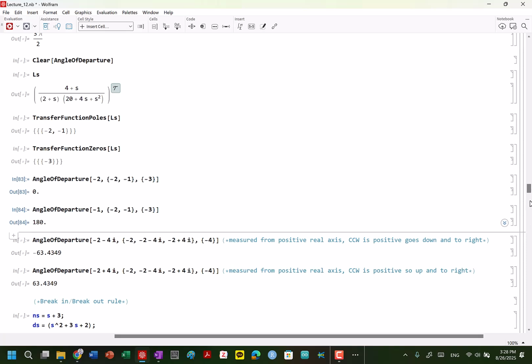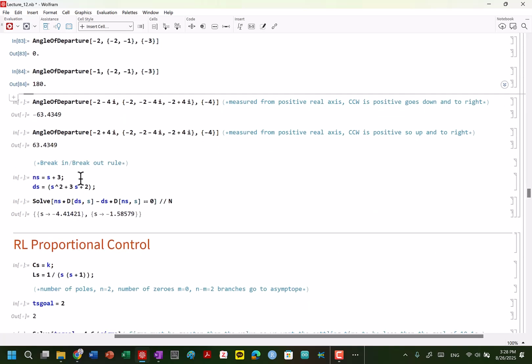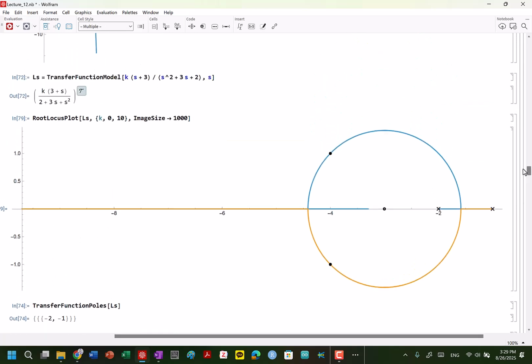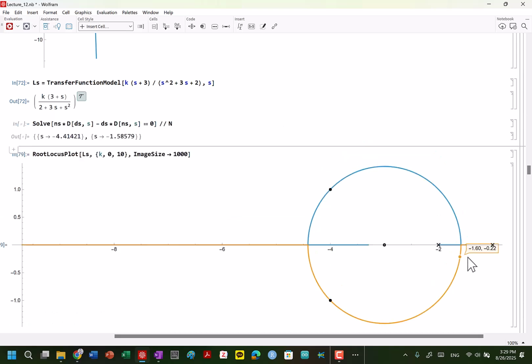Now, what about the break-in, break-out points? We have our numerator and our denominator, and now we can solve where they are going to break in or break out from one another. Let's keep those numbers here and validate it. The break-out point is at minus 1.59. You can see here this breaks out, and then the break-in point is at minus 4.414.